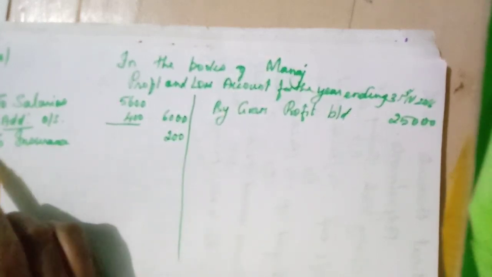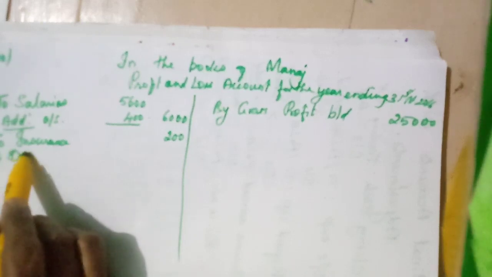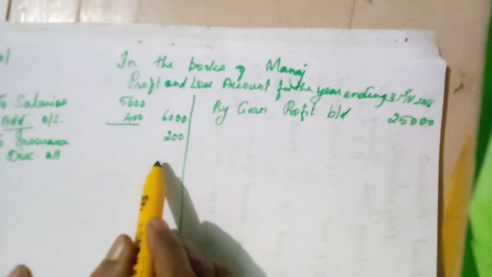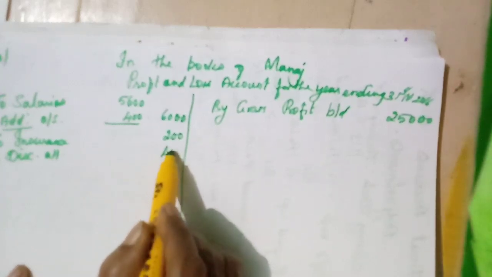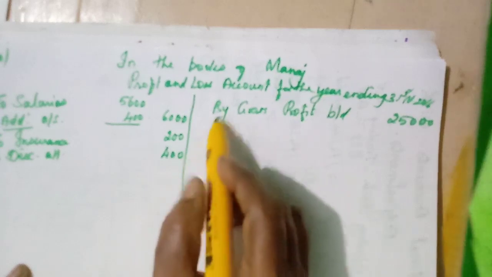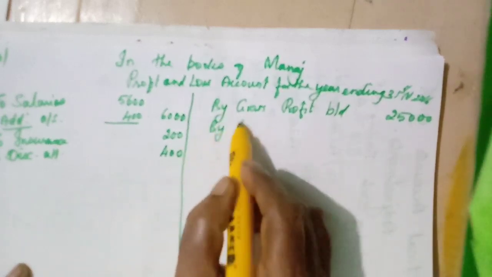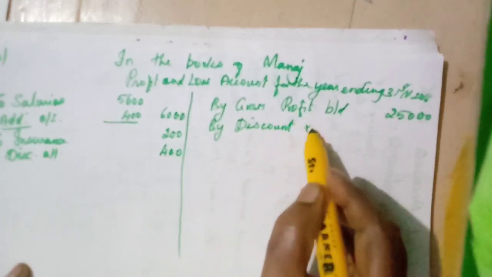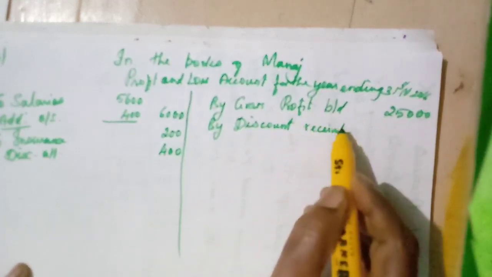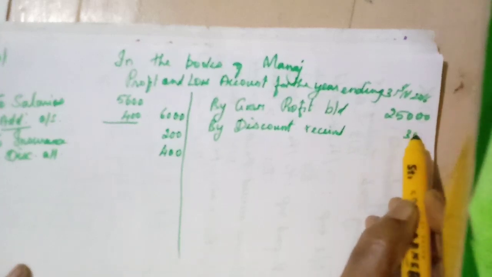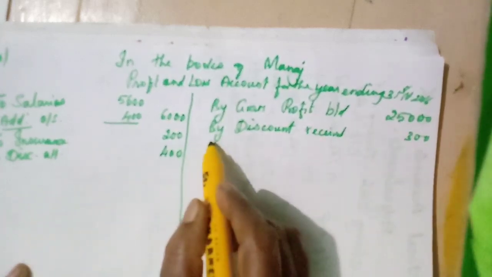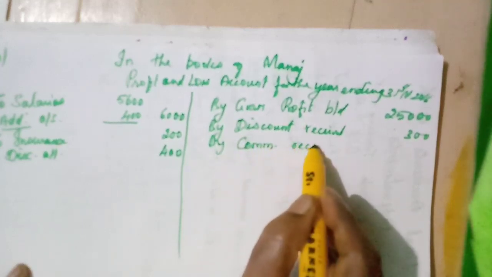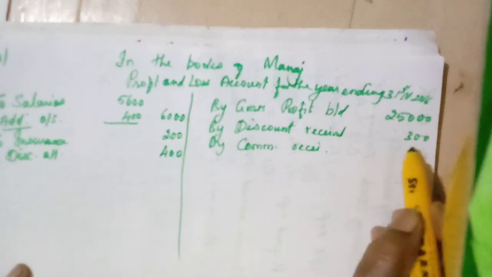Then discount allowed. To discount allowed, you write fully. 400. No adjustment. Discount received, so immediately you write on the credit side. Discount received, it is an income. 300. Commission received. 100.